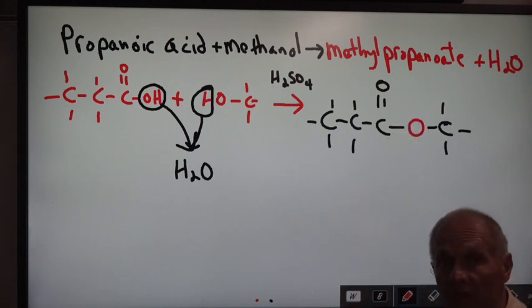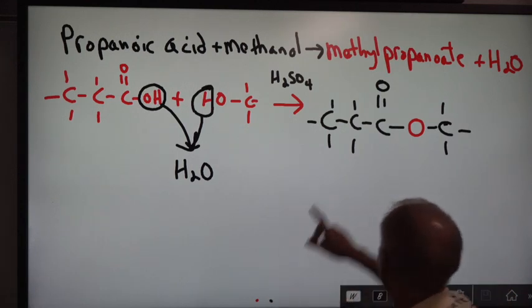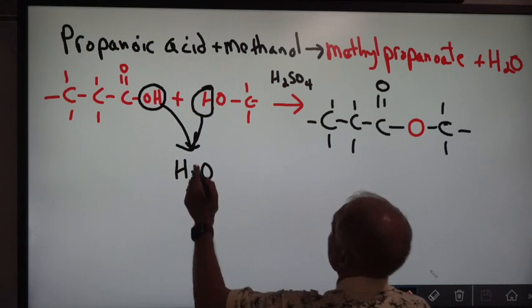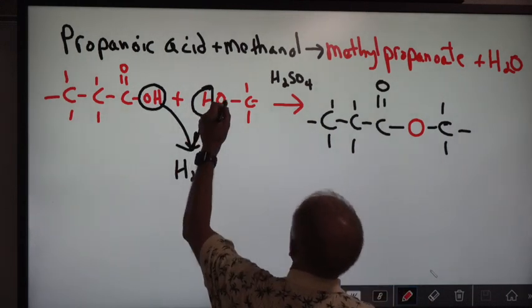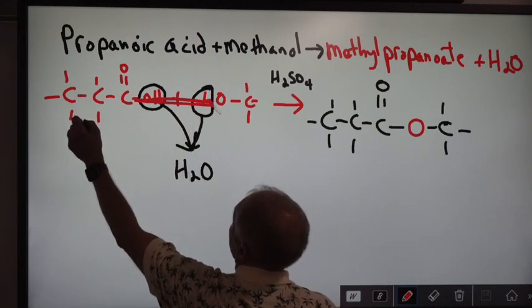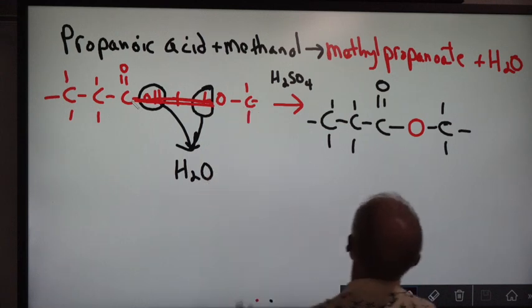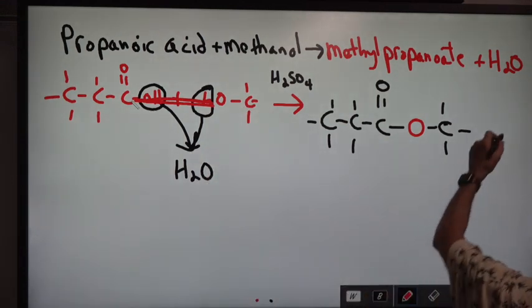Now, that works out nicely because remember, oxygen got to have 2 bonds around it. So look, we dropped out the water, and then that O right there attaches right there. So that's CH3, CH2, CO, O, CH3. Now, remember, plus water.